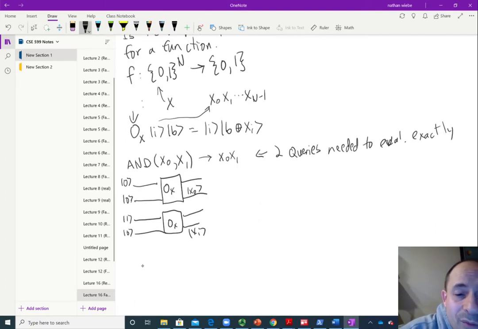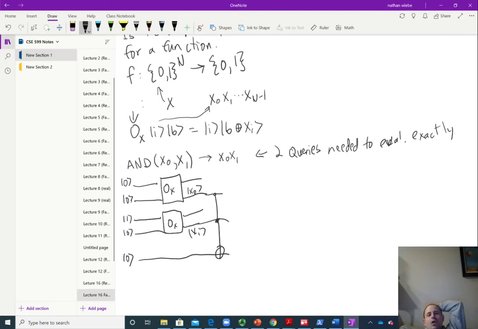Finally, if we want to compute the AND of the two, then we can just have an extra qubit off to the side and apply a Toffoli gate between the two. So this over here will end up containing the value x0 x1. So here we've computed the function AND using two accesses to O_x and an auxiliary unitary. So that is how this ends up working.